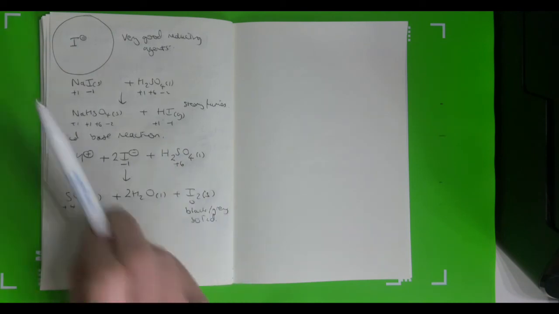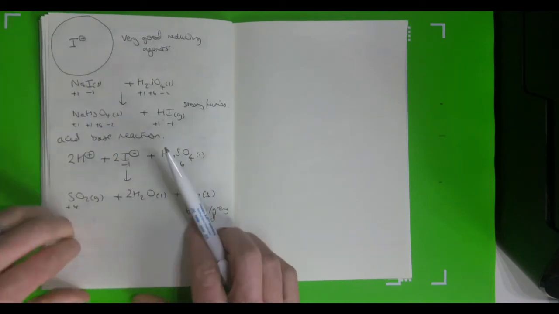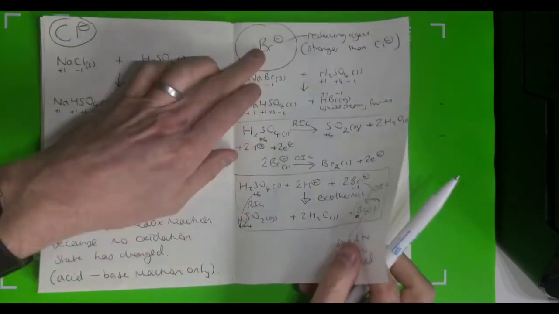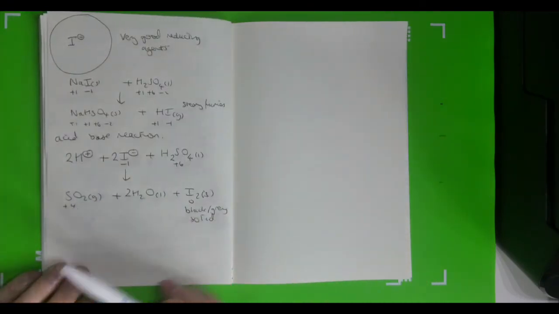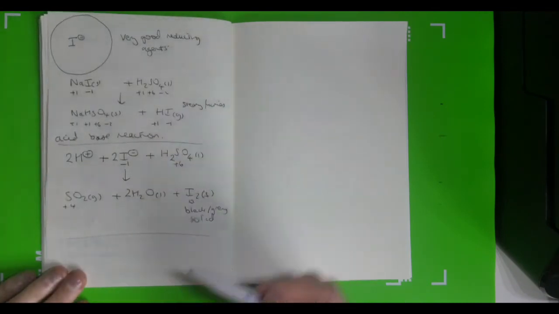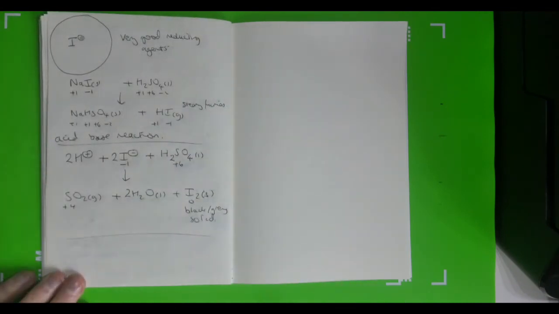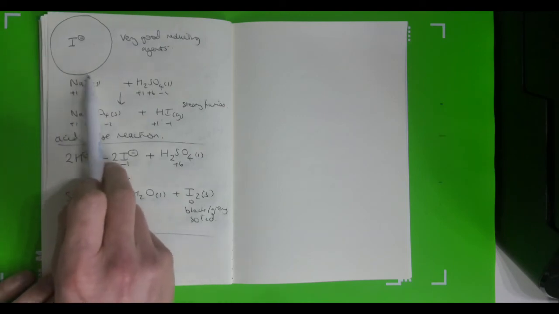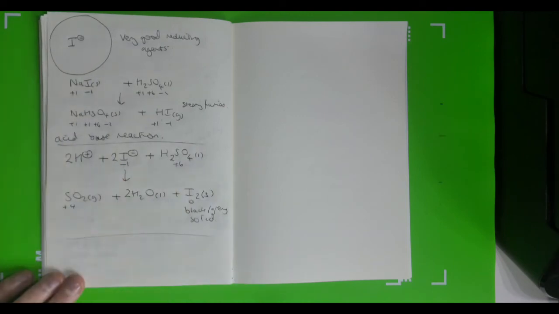Now we know that iodide ions are much bigger than bromide ions. So actually, there's not just two reactions that happen, there's a third. So the iodide ions are really, really good reducing agents. So we see another reaction here.